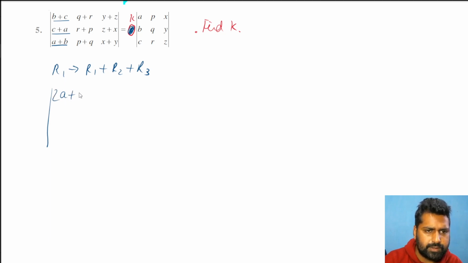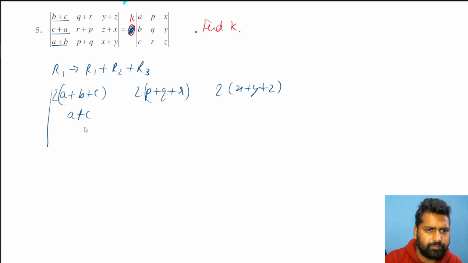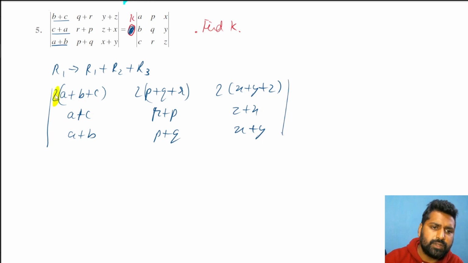So 2A plus 2 times A plus B plus C. If I add this also, this will also be symmetric, 2 times P plus Q plus R. If I add them vertically, 2 times X plus Y plus Z. Remaining are same: A plus C, A plus B, R plus P, P plus Q, Z plus X, X plus Y. Now 2 factor is common.